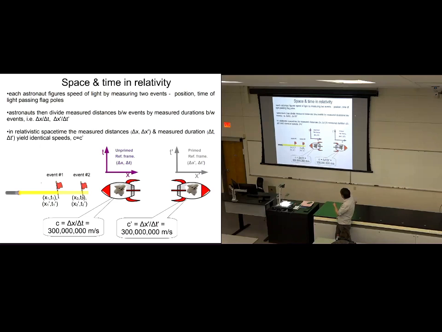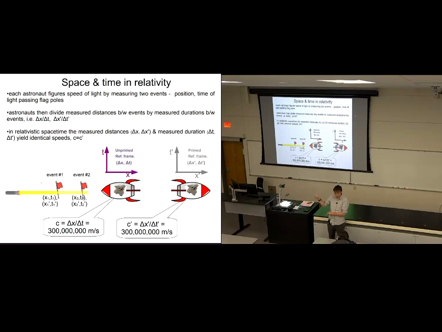The light passing flag number 1 on the left, that's kind of an event, a moment in space and time. And in their reference frames, the two astronauts are going to record the times and the positions of that event, the light ray passing the first flag. And then when the light ray passes the second flag, that's a second event in space and time.